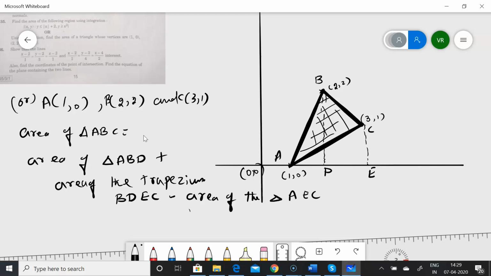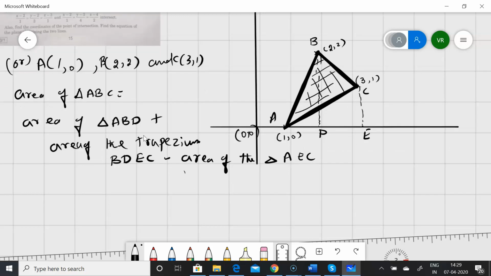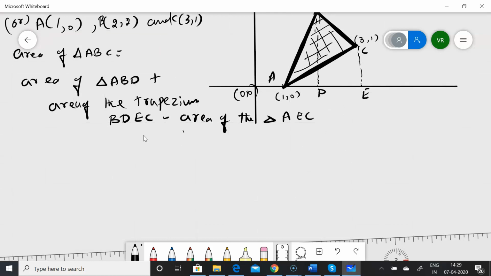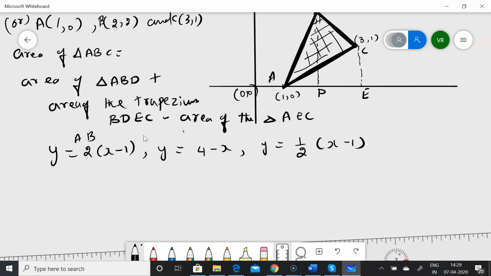Now the equations of the sides, you can solve it and find out to be y equals 2 times x minus 1, y equals 4 minus x and y equals half into x minus 1 respectively. That is the equation of the sides. This represents AB, this represents BC and this represents AC.